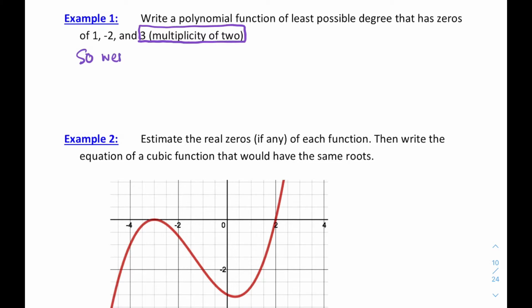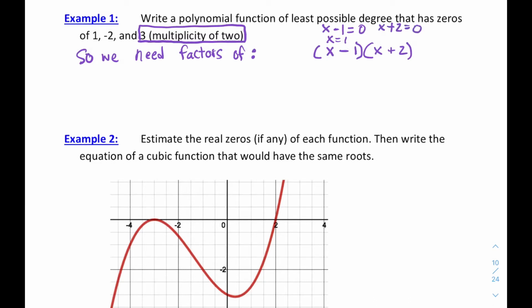So if I know my zeros, we can figure out some of the factors that have to be part of my polynomial. So if I have a 0 of 1, that means x minus 1 has to be a factor, because if x minus 1 is going to be equal to 0, x equals positive 1 to make that happen. If x equals -2 is a 0, then x plus 2 has to be a factor. So you're thinking about what do I have to do to my 0 to get it to be equal to 0.